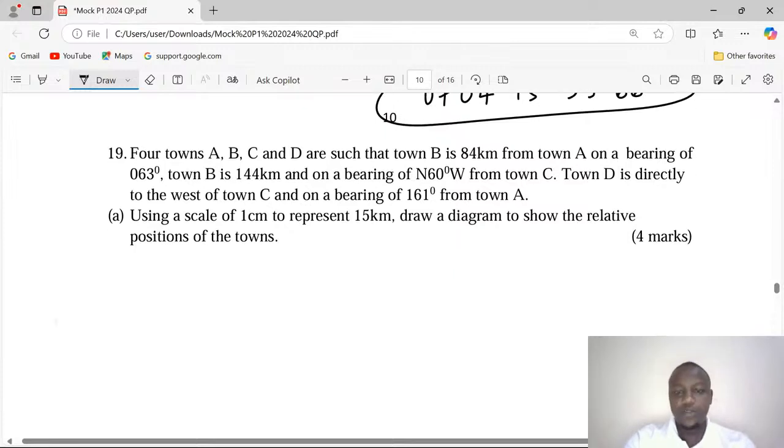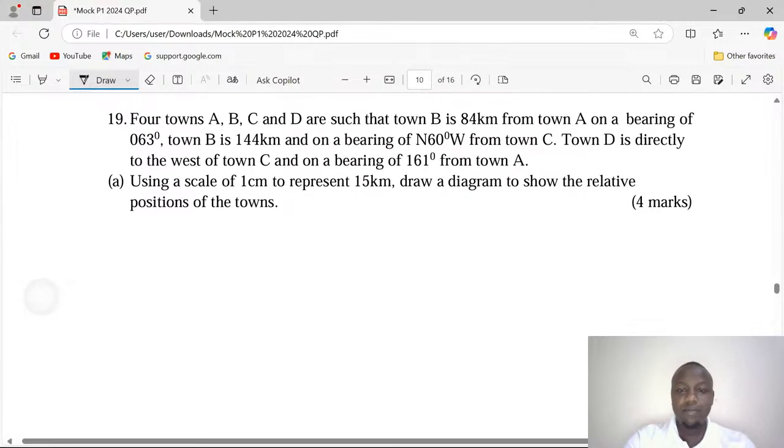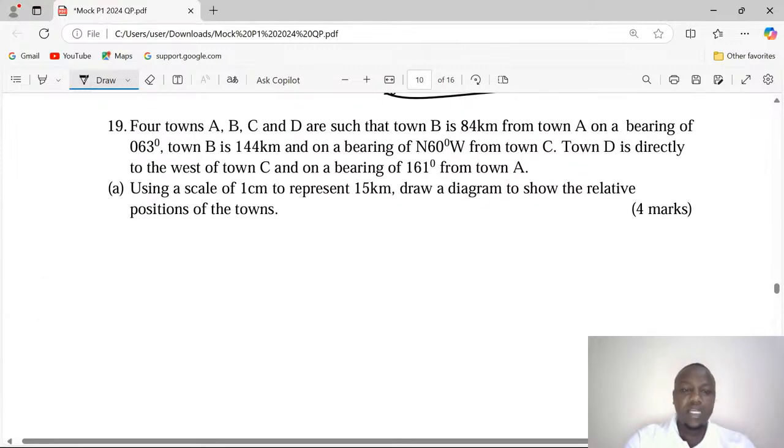So to show the relative positions of the towns, we are supposed to come up with a scale diagram whereby we are using a scale of 1 centimeter for 15. When we divide a distance of 84 by 15, we are going to use on the paper 5.6 centimeters.